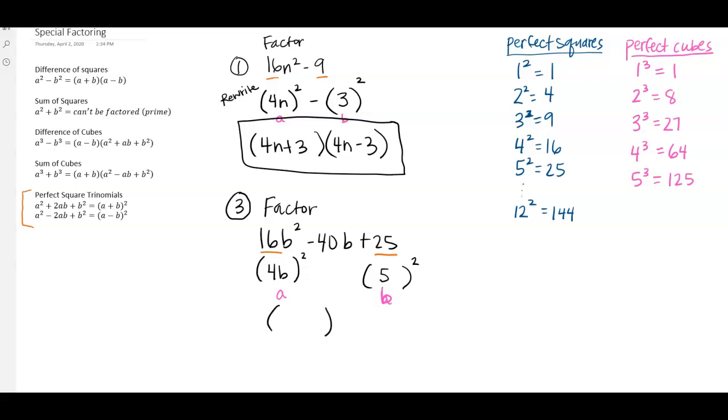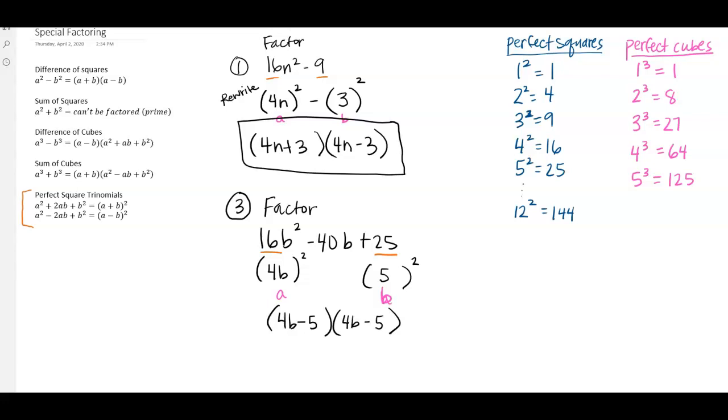And so when I'm writing it out, I'll write it out this way first so you can see. So we're saying we're going to do 4b, and since this was a minus sign here, notice how that matches this minus sign on the bottom one. That means there's a minus sign in between them. All right, so 4b minus 5, and then the other parenthesis would also be 4b minus 5.